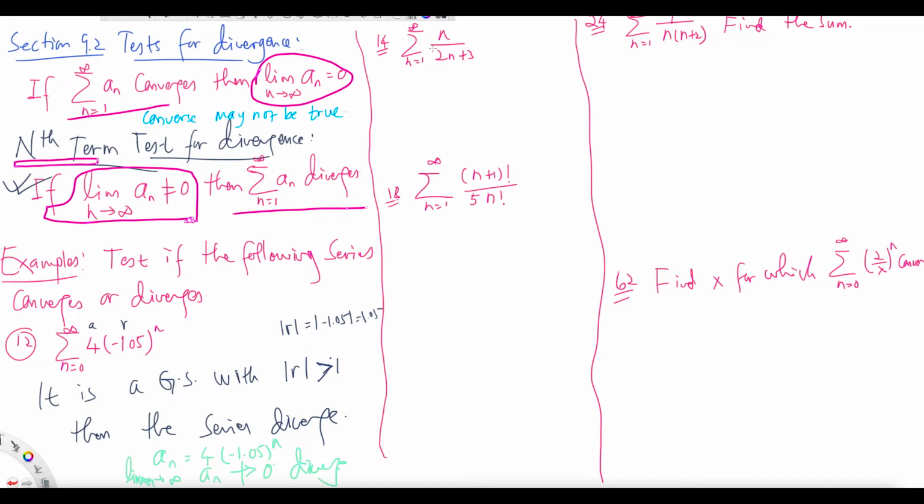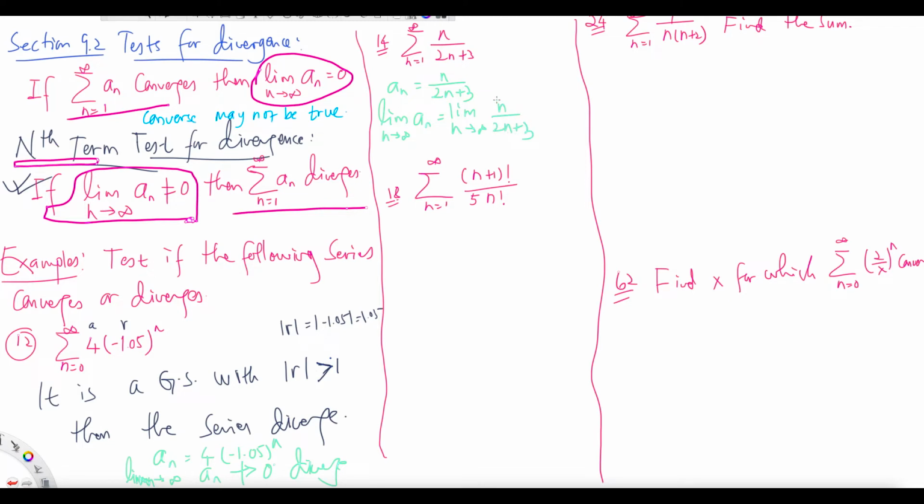Is this a geometric series? No, because it is not in the a r to the n format, right? So what do we do? Find a n. What is a n? a n is n over 2n plus 3. What is the limit of that? The limit as n tends to infinity of n over 2n plus 3.